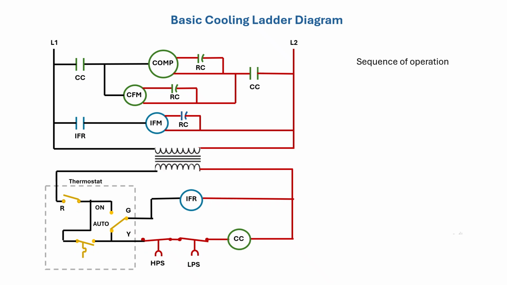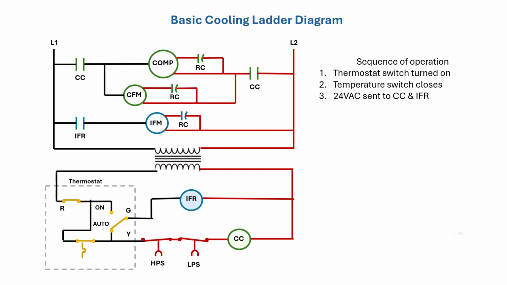We can now apply the sequence of operation of this cooling circuit. Thermostat switch turned on. Temperature switch closes. 24 volts sent to the cooling contactor coil and the indoor fan relay. The cooling contactor switch closes.